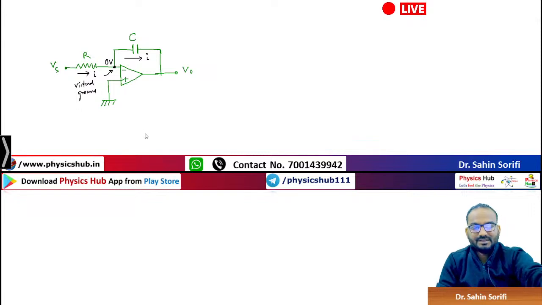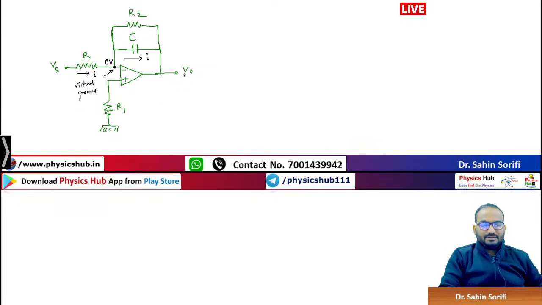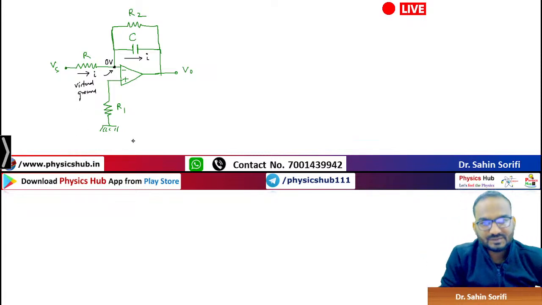In the practical circuit, what is done? A resistance R1 is added here, and another resistance is added in parallel to the capacitor in this way. This is your practical circuit.